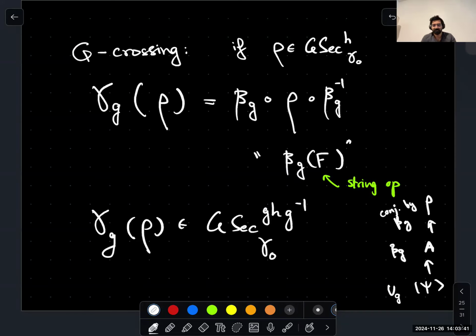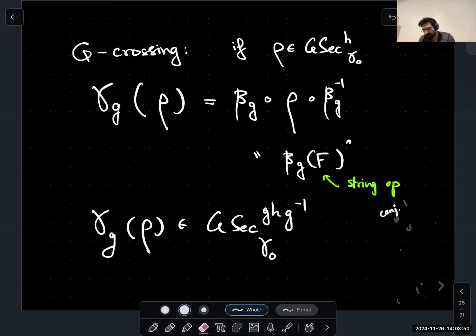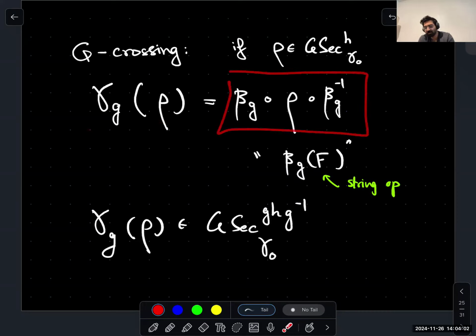So it's just a fact of life that every level you go up, you have more and more conjugations. Over here, because we are on the 3rd level, we are on endomorphisms, or 2nd level, depending on how you want to think about it. The G crossing is just given by a conjugation by the symmetry action that you had earlier.